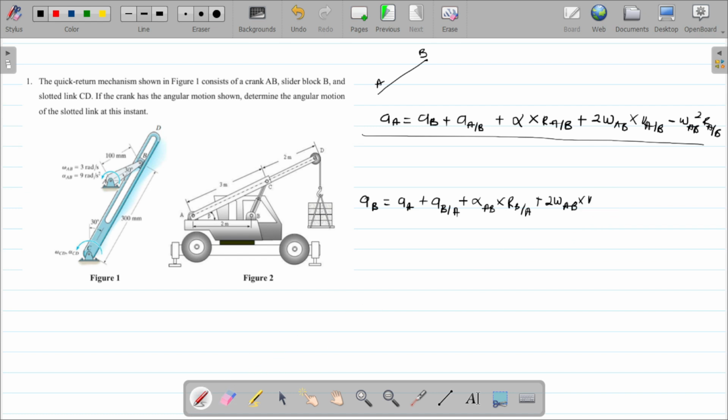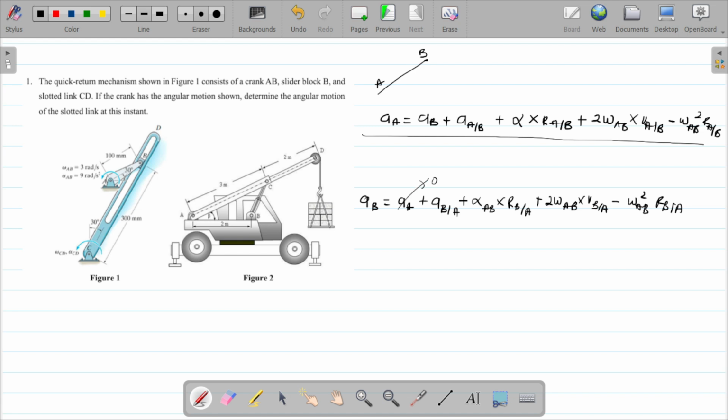V of A with respect to B, V of B with respect to A minus omega AB squared R of B with respect to A. Now, since the velocity of A is 0, the acceleration of A is also 0.